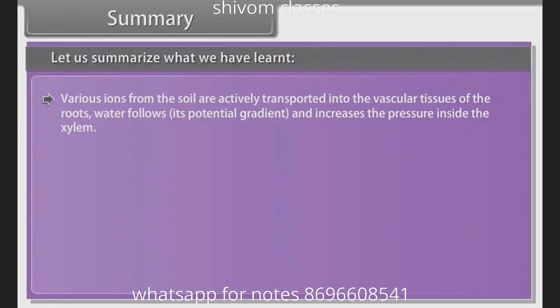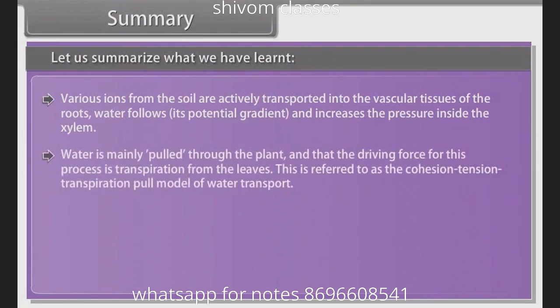Water follows its potential gradient and increases the pressure inside the xylem. Water is mainly pulled through the plant, and the driving force for this process is transpiration from the leaves. This is referred to as the cohesion tension transpiration pull model of water transport.